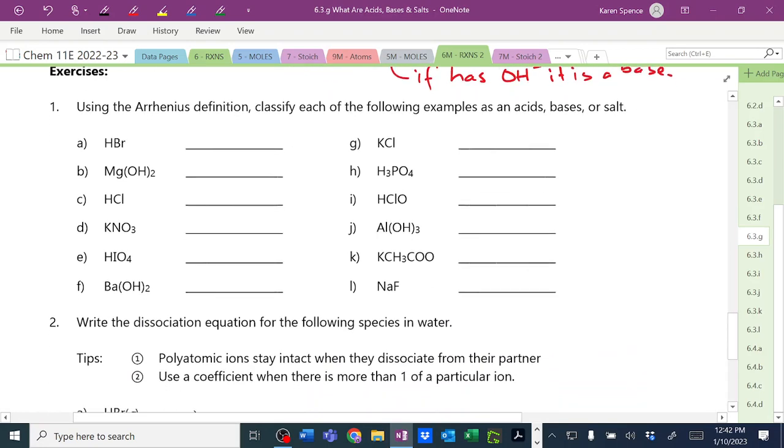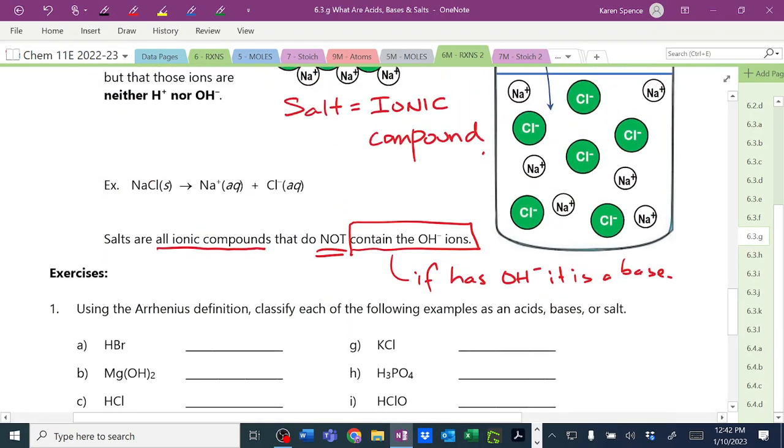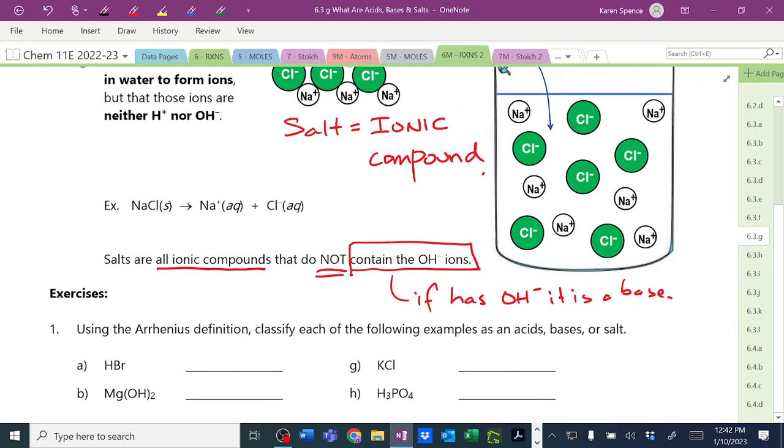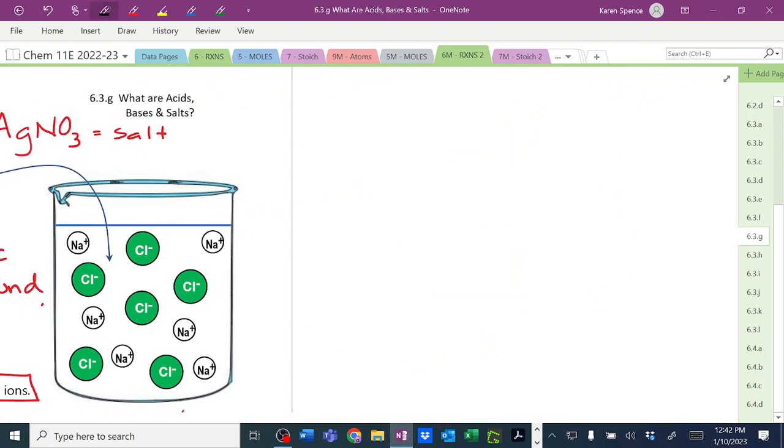I'm just going to give you a couple of examples. They are on your page already. We are going to write the dissociation equations.